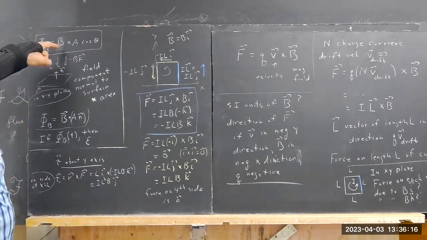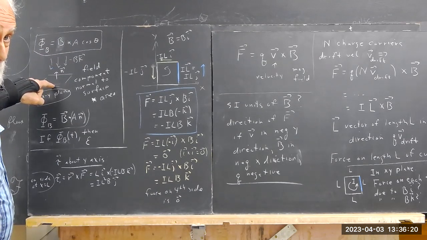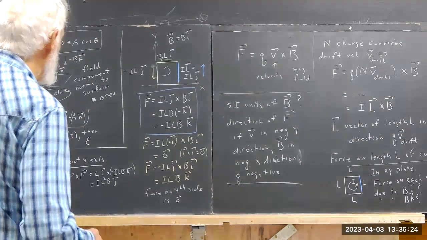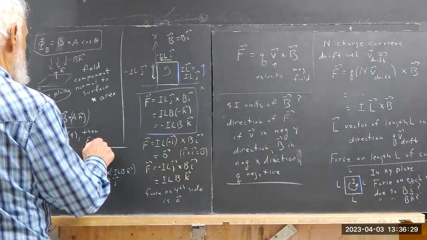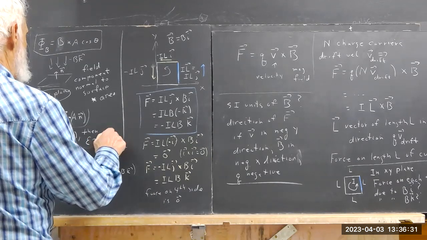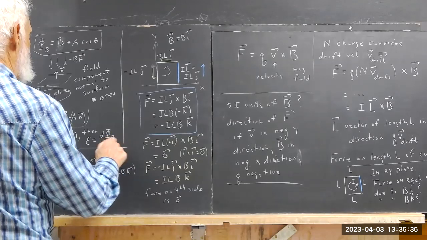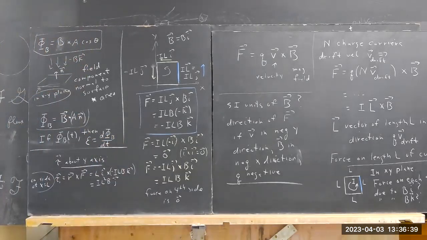In that case, B was changing, the loop wasn't rotating. Well, same effect either way. So phi B of t is a function of t. That EMF is just the derivative of the flux.